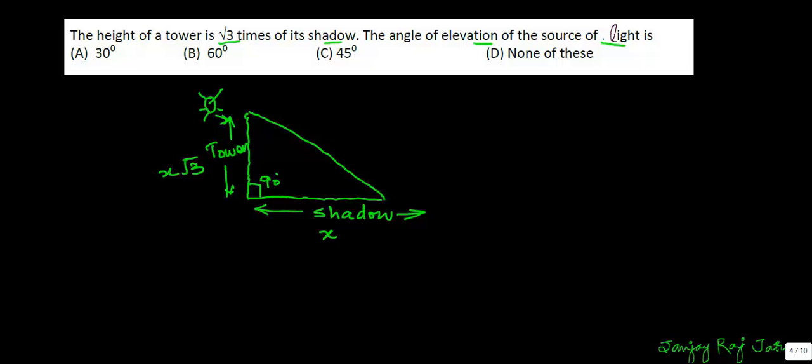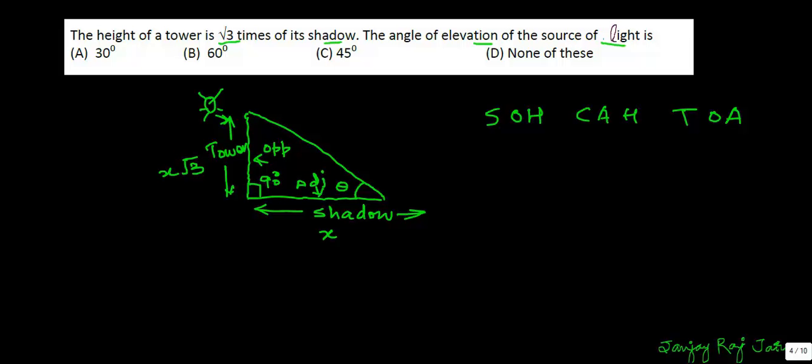This angle is 90 degree. We just need to find angle of elevation, and this is going to be angle of elevation of the source of light. So we need to find theta in this question. Now let us apply SOHCAHTOA rule. The sides which are involved in this question are opposite side and adjacent side.